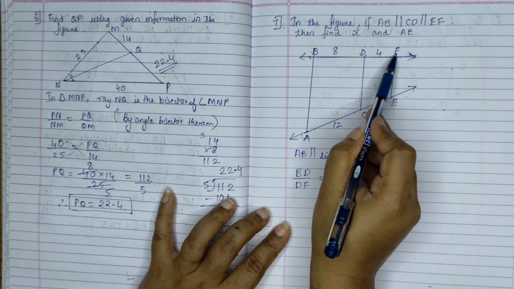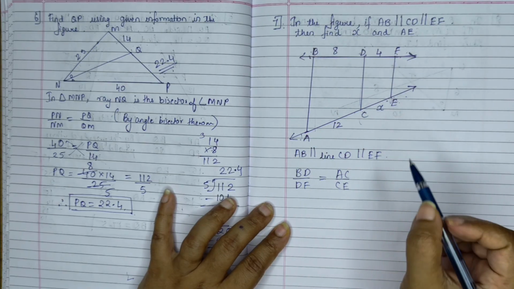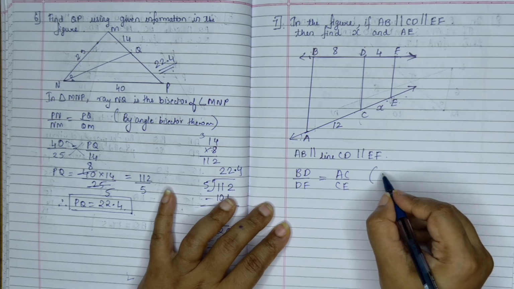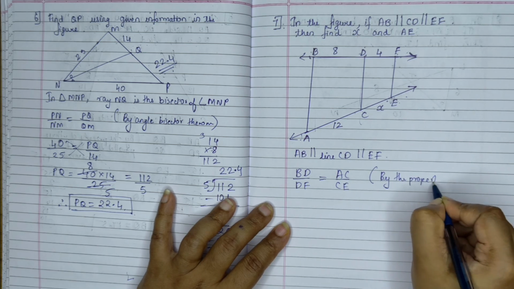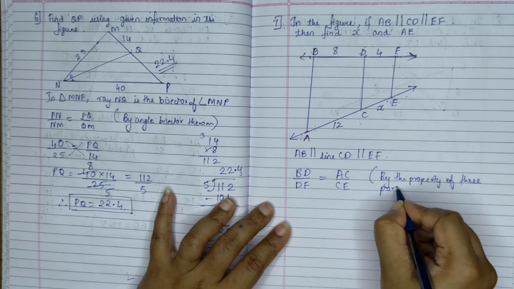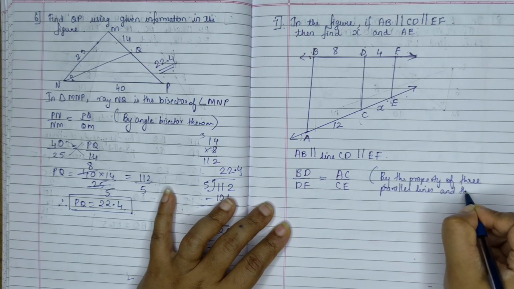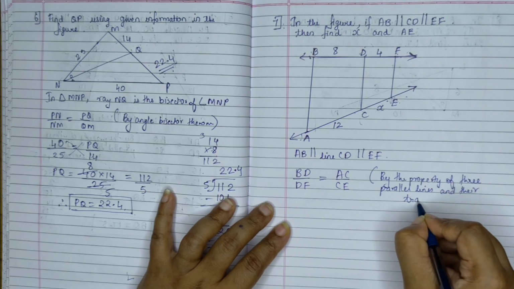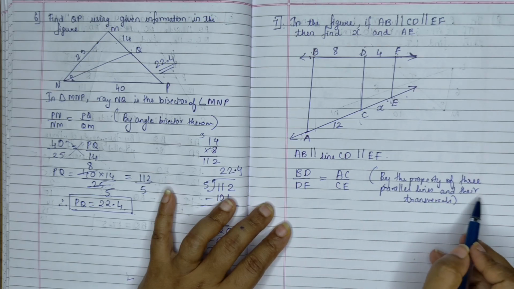BD upon DF is equal to AC upon CE. Okay, and we give a reason over here, by the property of 3 parallel lines and their transversal.